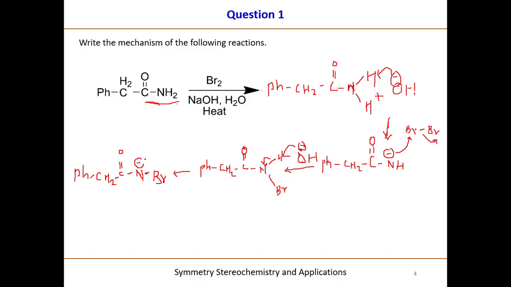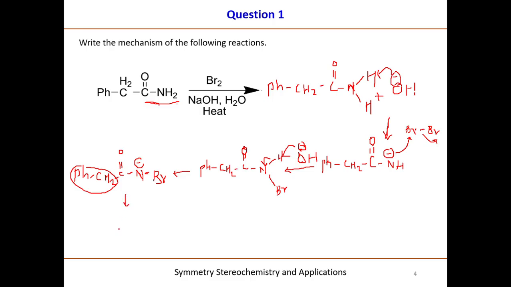So after getting this intermediate, the migration of the alkyl group will take place. So what is the alkyl group here? Here phenyl and CH2, this benzylic group is our alkyl group or aryl group. Any migrating group here. So it will migrate onto the nitrogen atom.